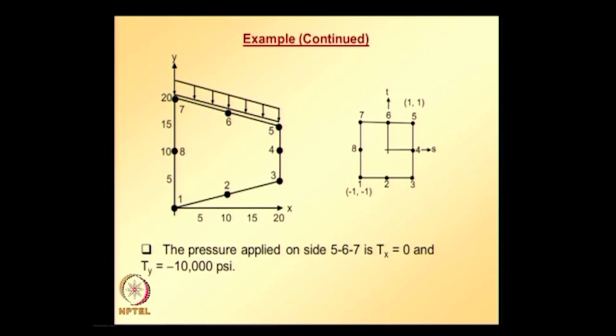Also, you can see that when we write the shape function matrix along side 5, 6, 7, the shape functions of all the other 5 nodes are going to be 0 along side 5, 6, 7. So, to simplify writing, only non-zero entries are written.